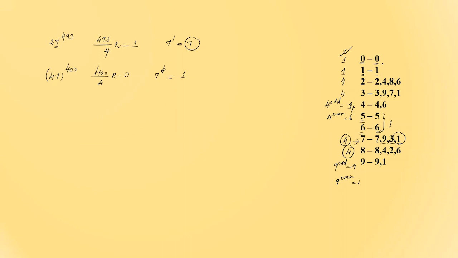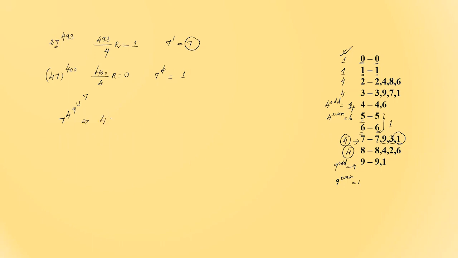Okay. Now, apart from this, there are also questions which are slightly on the difficult side. Say for example, I have a number in the format 7 to the power 4 to the power 9 to the power 3 to the power 7. Now I need to figure out what's going to be the unit digit of this number. To figure out the unit digit, what do I generally do?